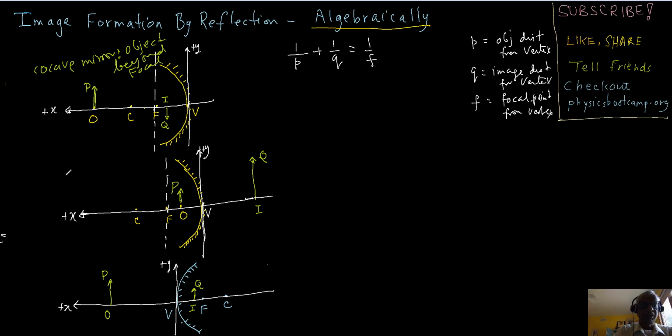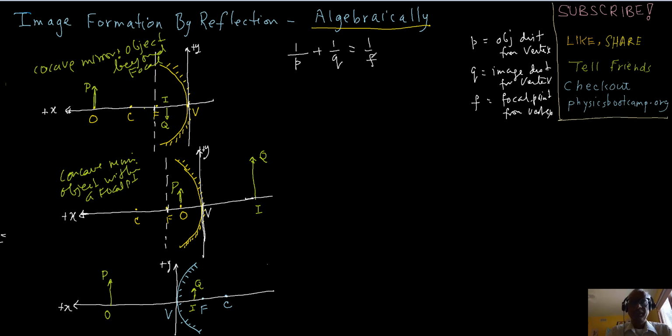And this is the case of a concave mirror with the object within the focal point. And this is any mirror. So the focal point is here. If you put an object here, nothing will happen. So you can put the object anywhere. Okay? So that's the way to think about it.